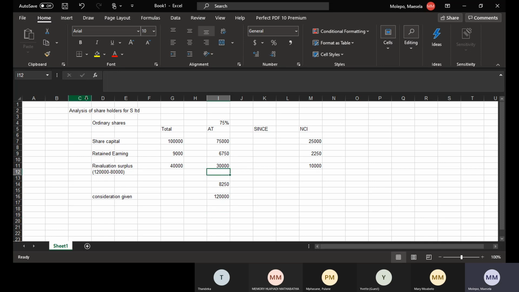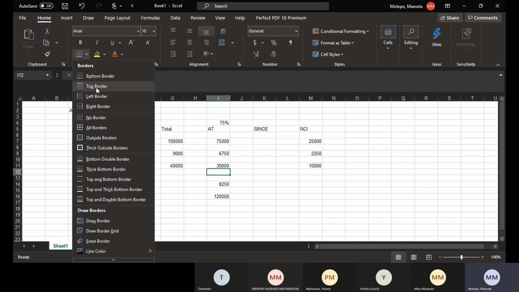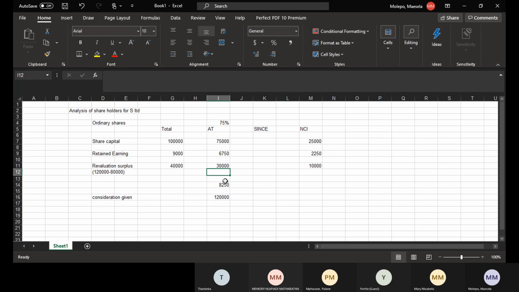So in total, they were sitting on 111,750. So when you say 120 minus 111,750, it's 8,250, which will be goodwill.